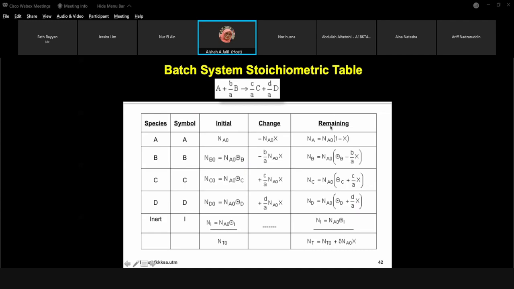Remaining in the reactor means NA, NB, NC, ND, the number of moles that remain in the system. So you just take this one minus this one, and you can get it like this.